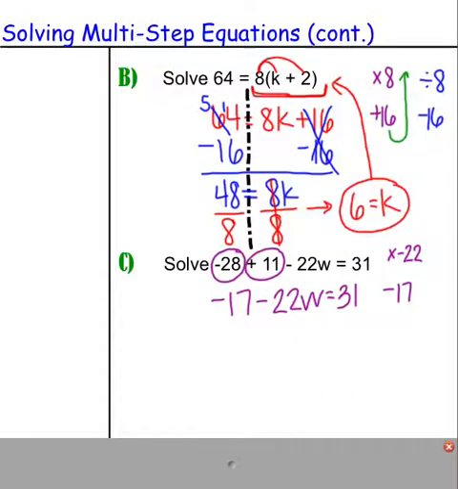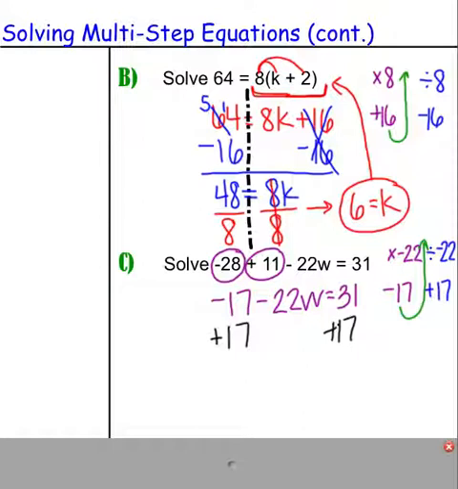So now when I make my U-turn to plan my attack on how I'm going to undo this, I'm going to do the opposite of minus 17, which is plus 17. And the opposite of multiplying by negative 22 is dividing by negative 22. Cannot forget that negative. So when I start working through this problem, I'm going to start by adding the 17 to both sides.